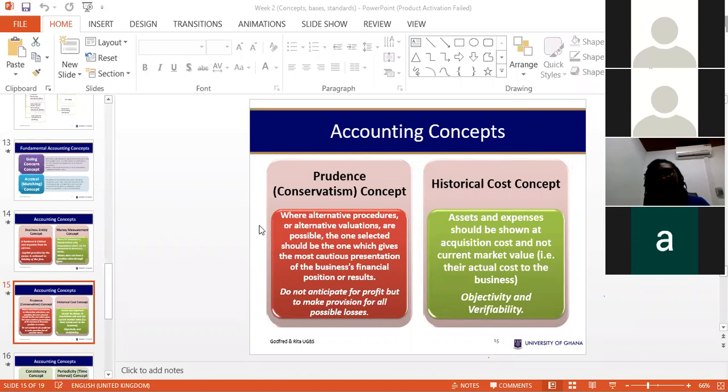Madam, please, with the business entity, you said we shouldn't record activities related to the owner, but what if the activity or transaction undertaken by the owner has a direct connection with the business? Will it be recorded? No, Louisa, don't get me wrong. I didn't say that you shouldn't record transactions undertaken by the owner. I only use that to say that sometimes students get confused.